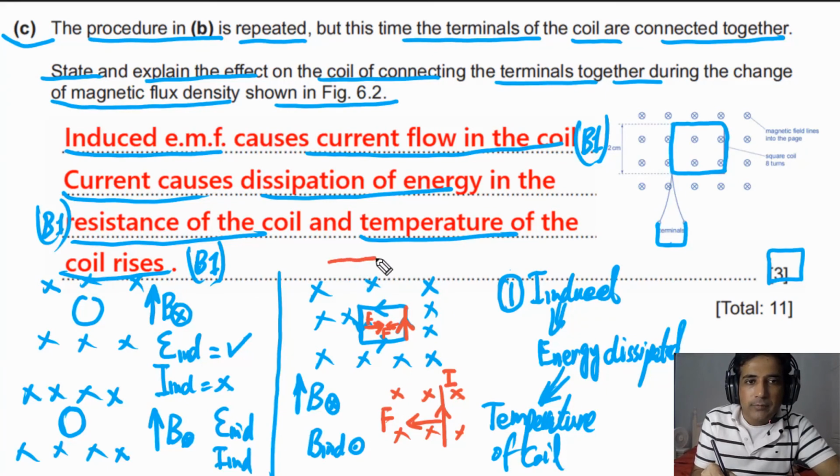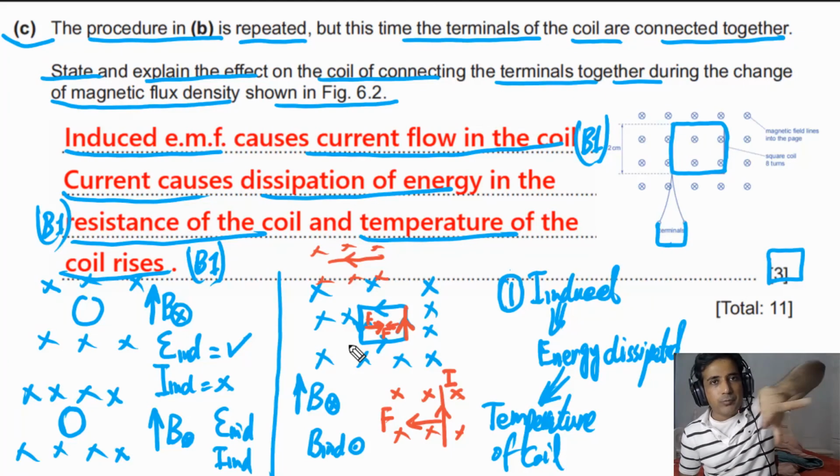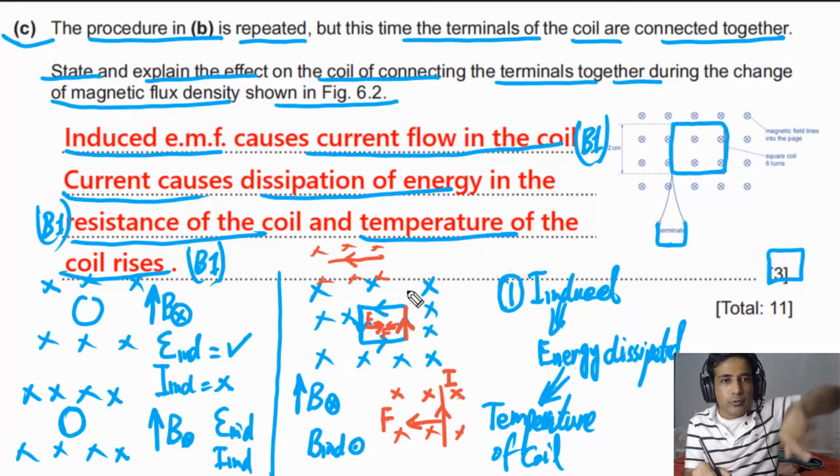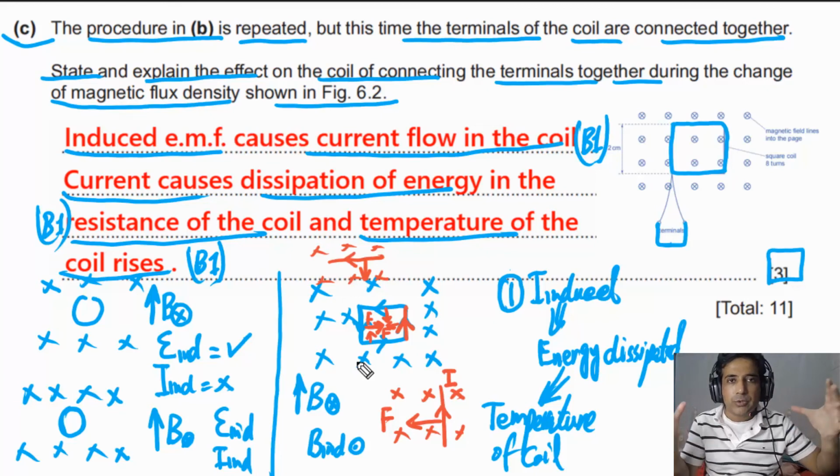Imagine we have this wire and the magnetic field is into the page and current is flowing to the left. So the force on this wire will be downwards. On this side of the coil, you will see the force will be up. So you can see the forces are acting inwards.